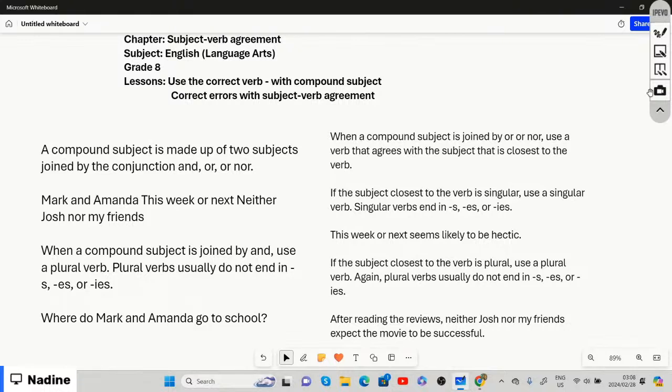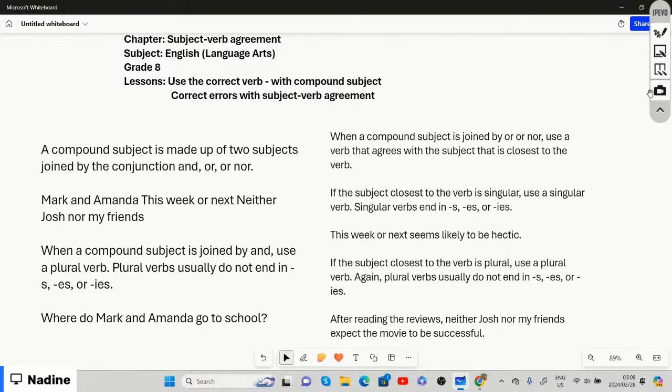And conjunctions are words such as and, or, nor, or but, right? So a compound subject is made up of two subjects joined by a conjunction, which is or, and, nor, and but.